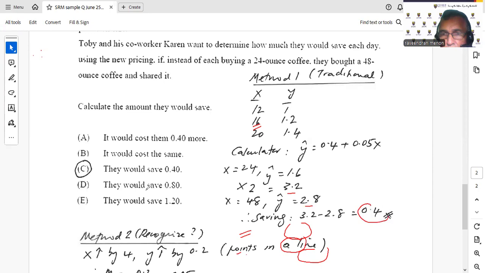So your correct response will be C. They would save 0.4. Not difficult, right?